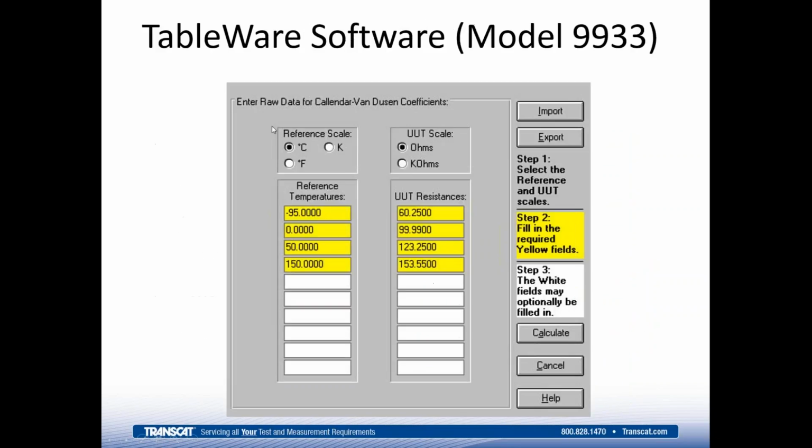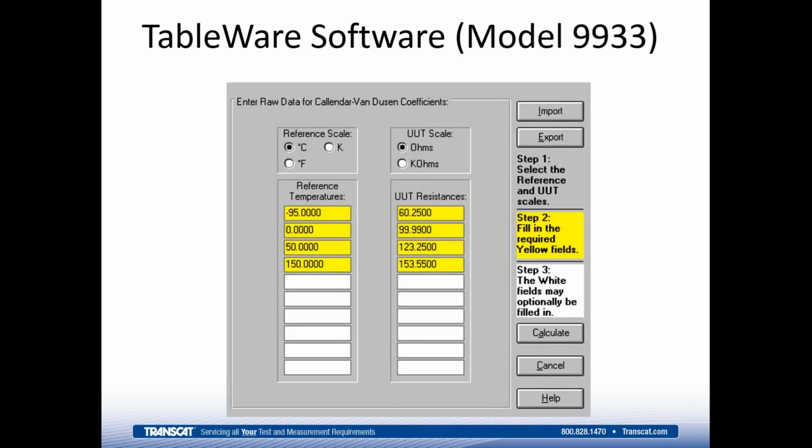But if I'm wanting to do something a little more sophisticated, I can generate calibration coefficients specifically for the unit under test. That could be, for example, Callendar-Van Dusen coefficients. There's a number of temperature transmitters that now take Callendar-Van Dusen coefficients. PLCs can do that as well.